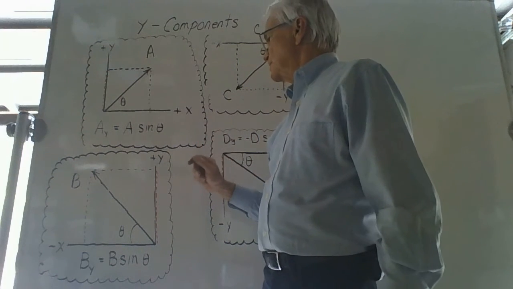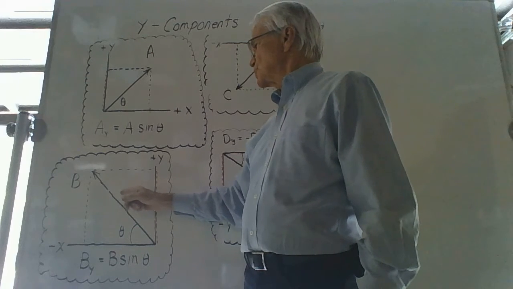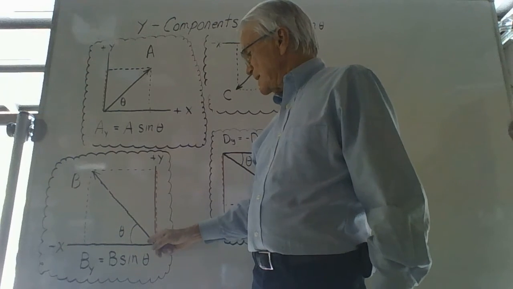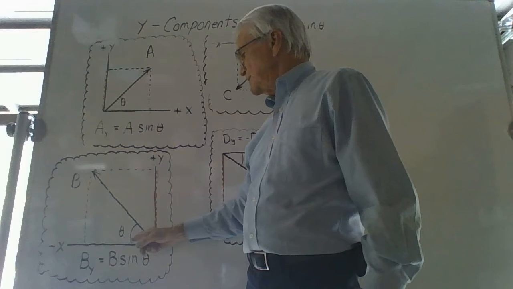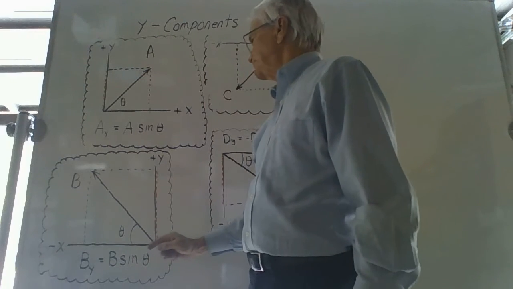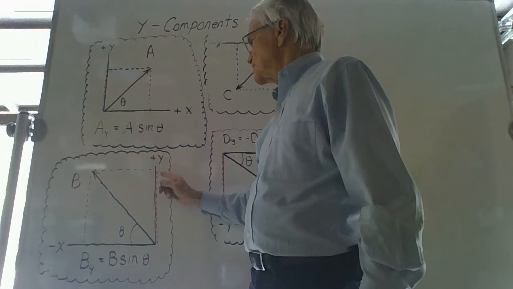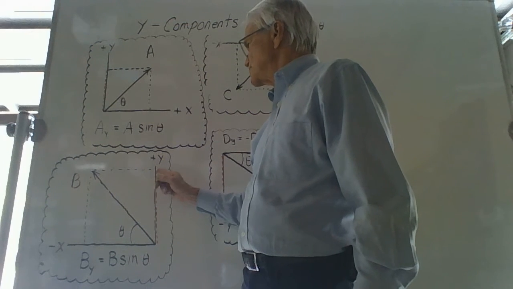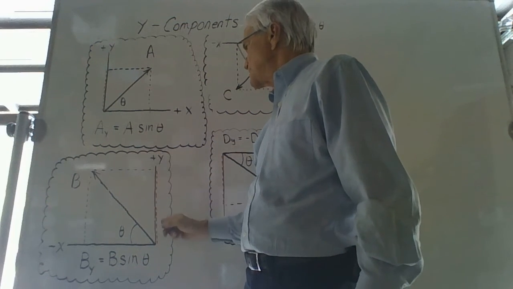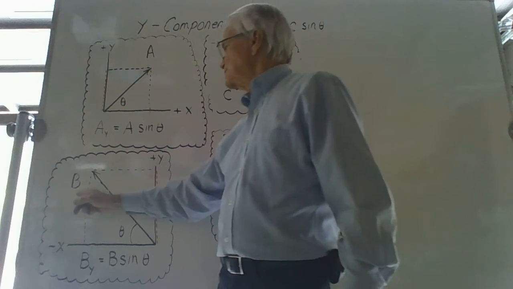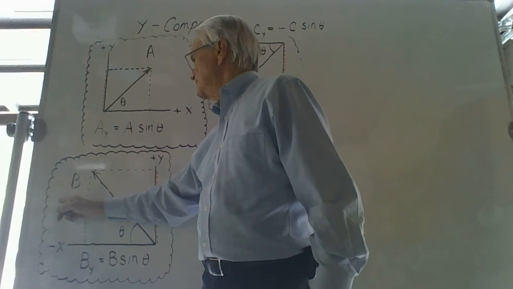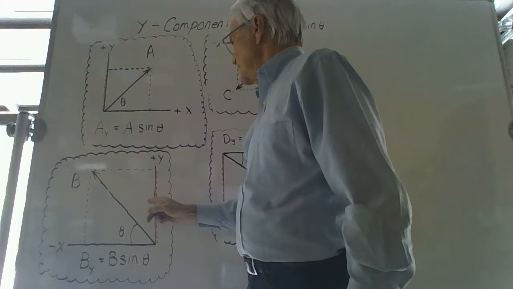Next, I show a vector pointing into the second quadrant, making an angle of theta with respect to the negative x-axis. The y component of this vector can be visualized as a shadow that's cast on the positive y-axis if a light beam is placed to the left of this vector b.